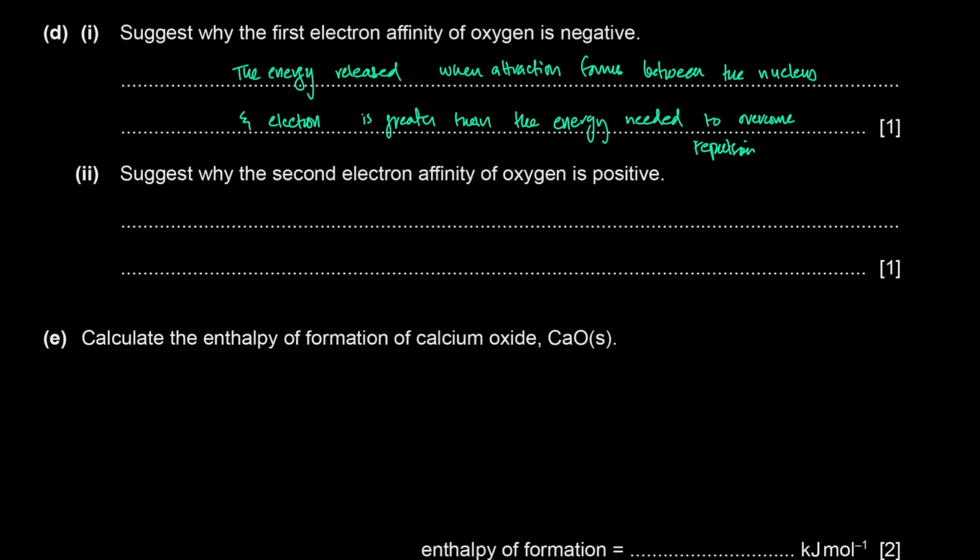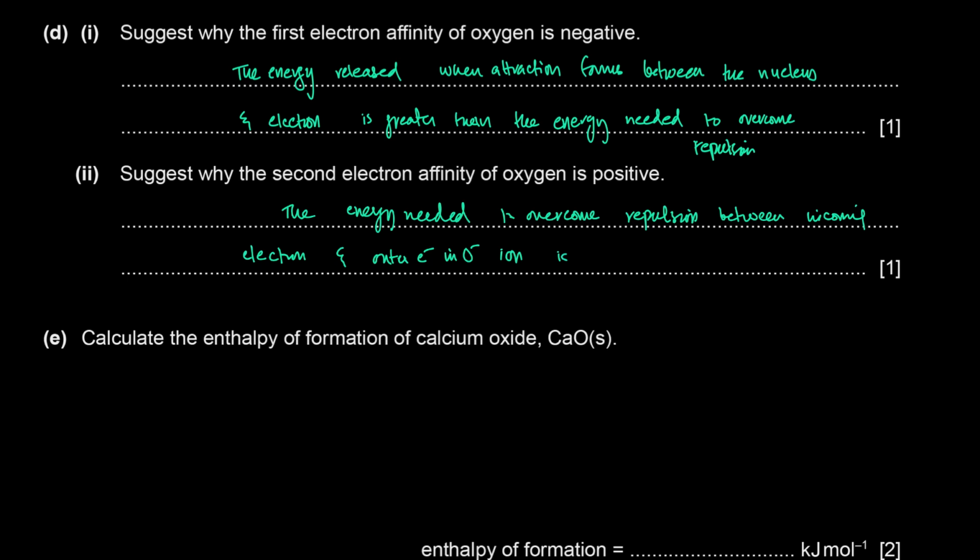And the reason why is in this case, the energy needed to overcome the repulsion between the incoming electron and the outer electrons of the oxide ion is greater than the energy released.